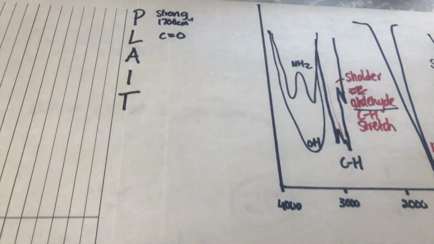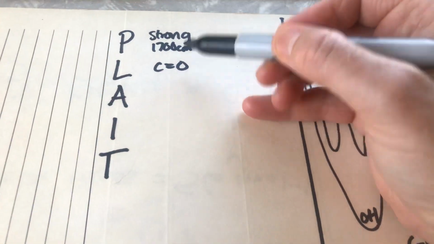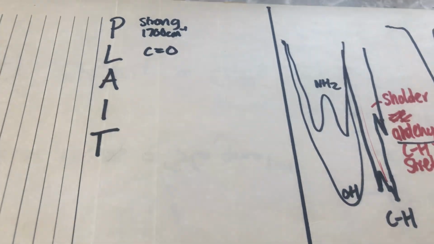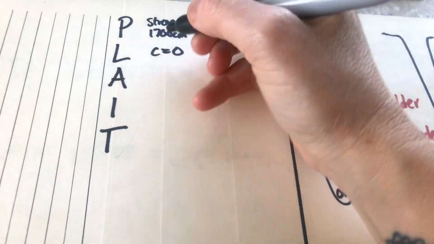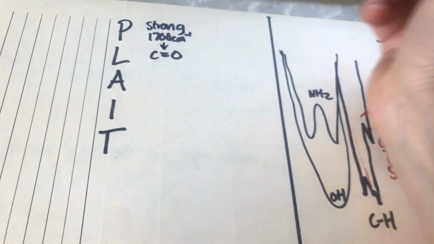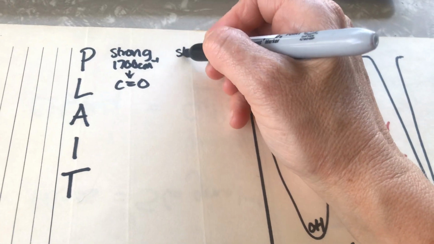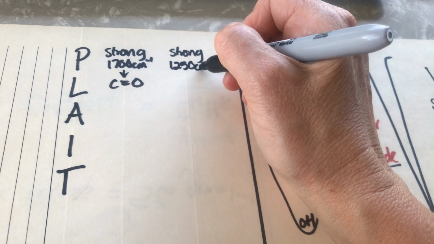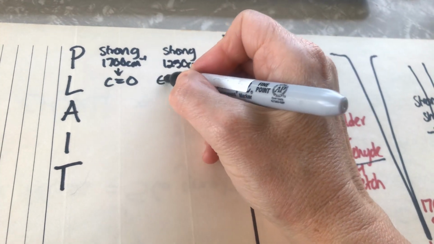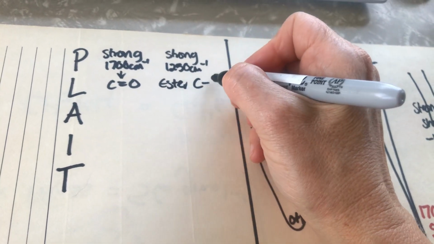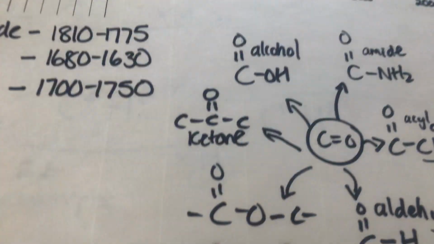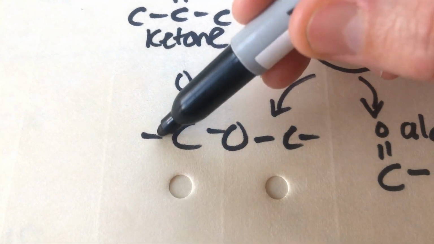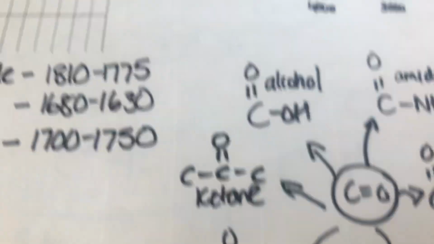So when we come back up to our PLAIT, if we have a strong sharp peak at 1700, linked to our carbonyl group, and we also have a strong peak at around 1250, that is linked to our ester group C-O. The ester group has two C-Os.